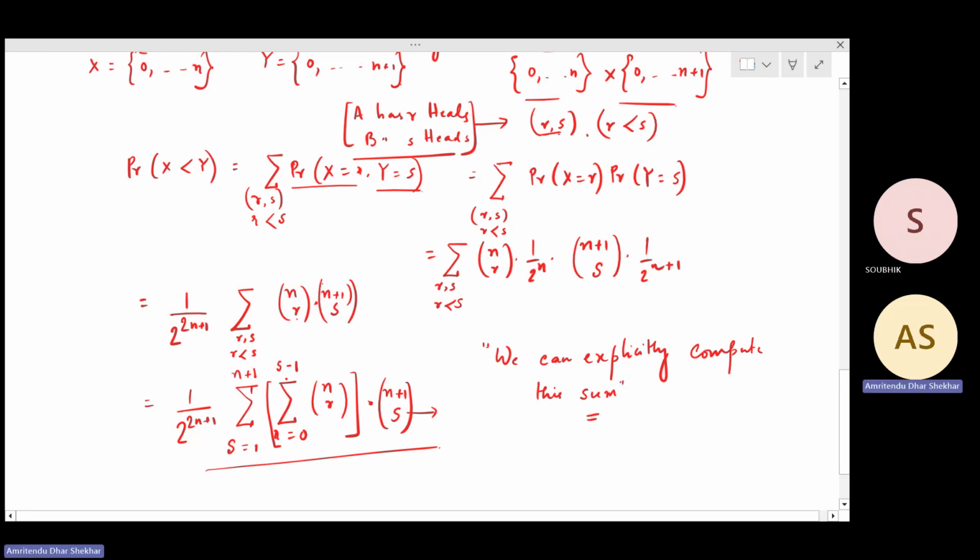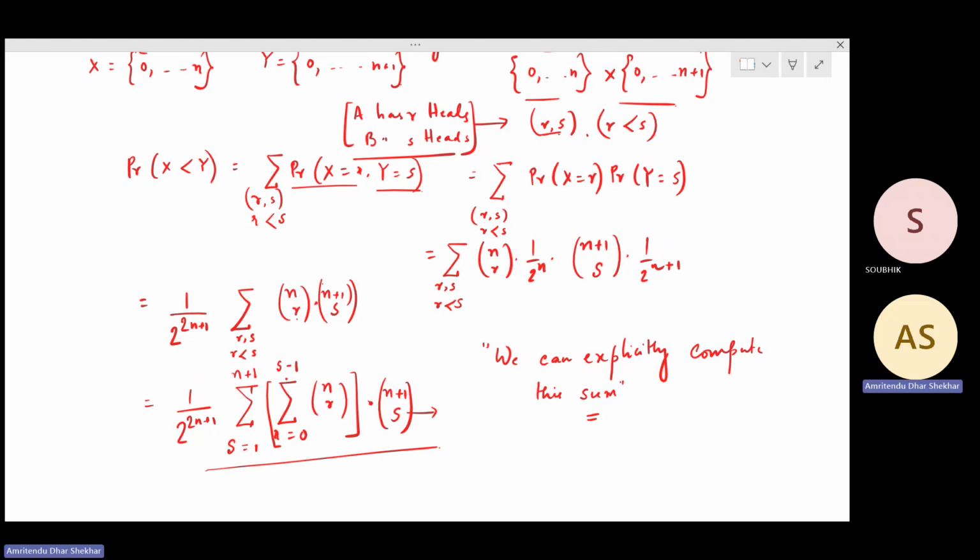There exist analytical expressions where we have the sum of the first k binomial coefficients, and we can say what the sum of that is. But that's not very easy. It will lead to some involved calculations.